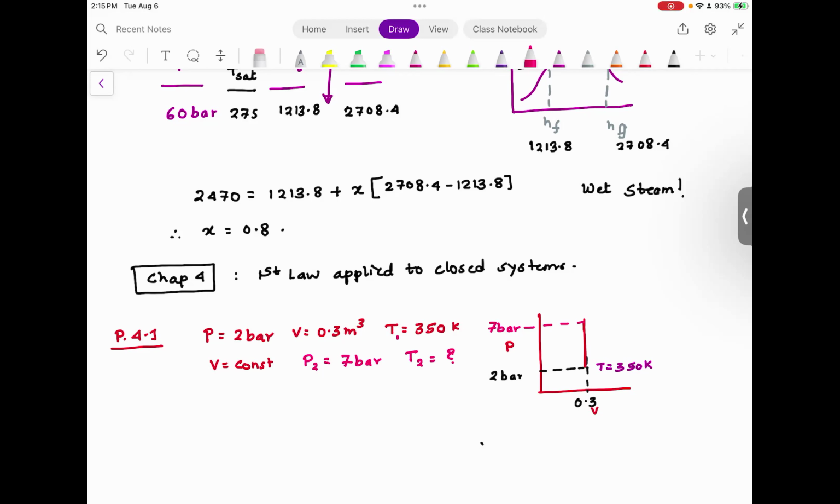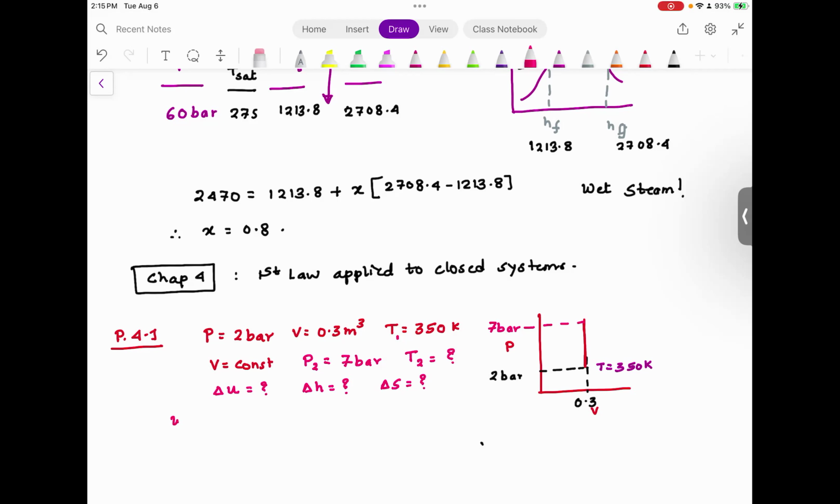We have to find the temperature at the end of the process, change in the internal energy, which is delta U, change in the enthalpy, which is delta H, and change in the entropy, which is delta S. Quick question. What is the work done in a constant volume process?